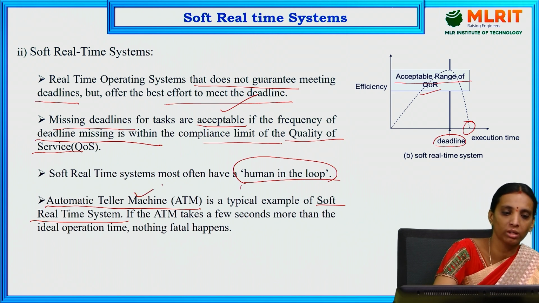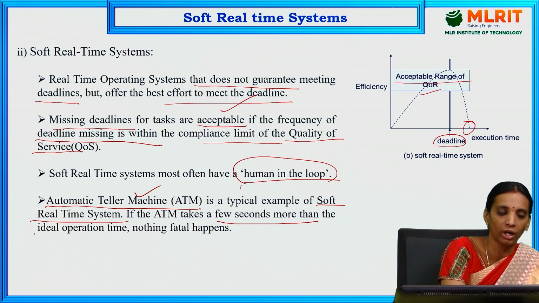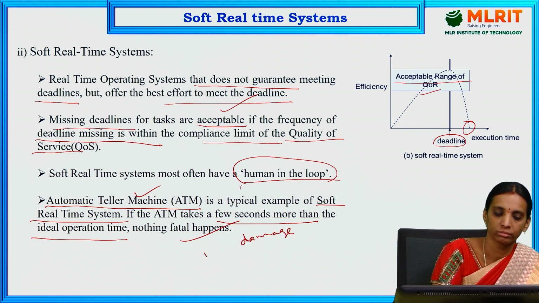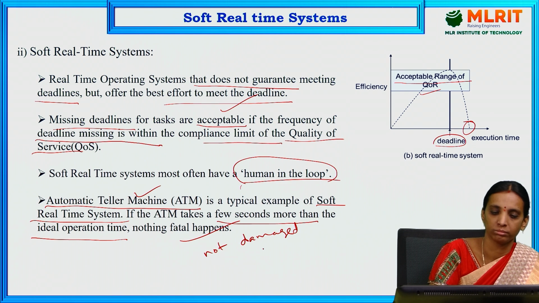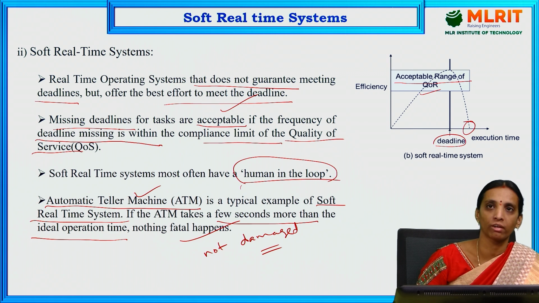The automatic teller machine is the best example for soft real-time systems. If the ATM takes a few seconds more than the ideal operation time, nothing fatal will happen and no damage to the system will occur. So even when missing deadlines, if the performance is good, it is acceptable in soft real-time systems.